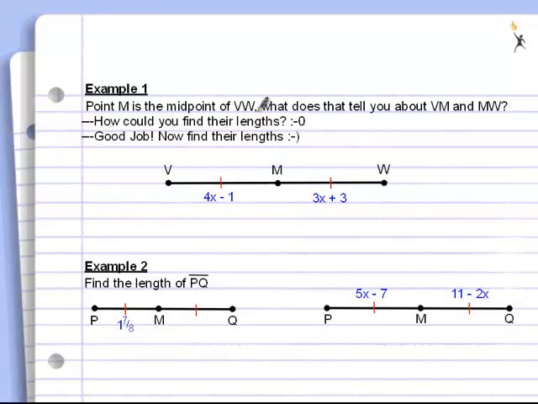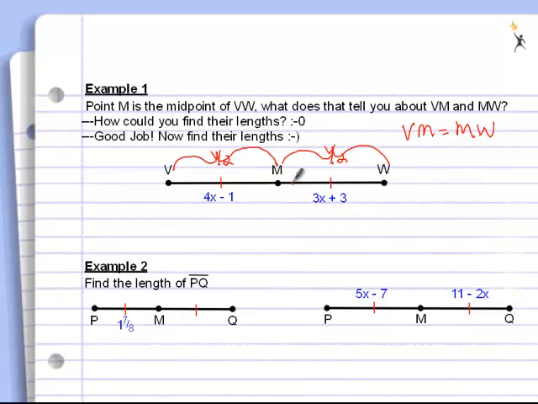But I also want you to notice that they're equal. This segment and this segment are equal. So we could actually write VM equals MW, because this segment and this segment are exactly half. This is one half of the whole. This is one half of the whole. If they're both one half, then they're equal.